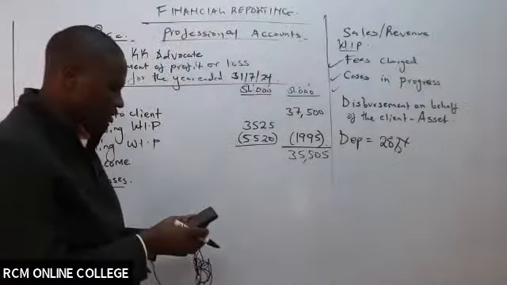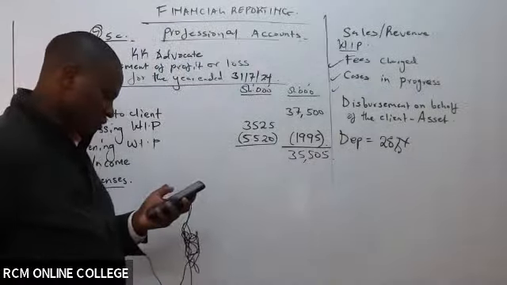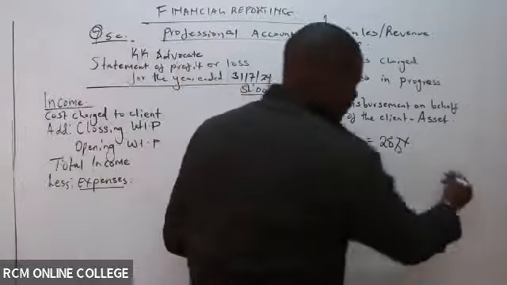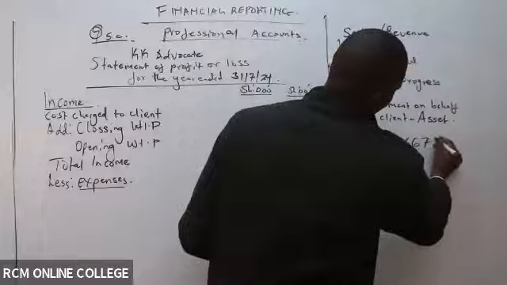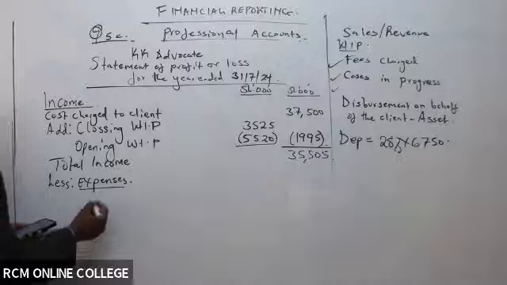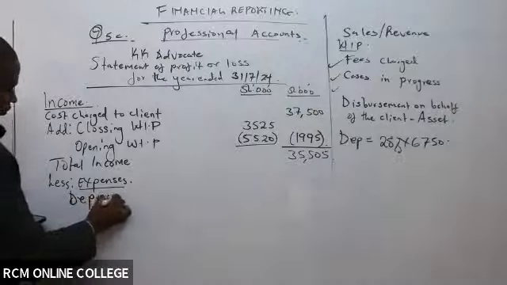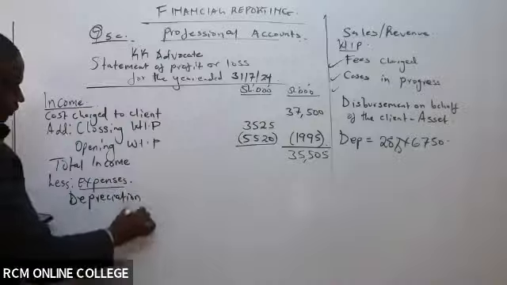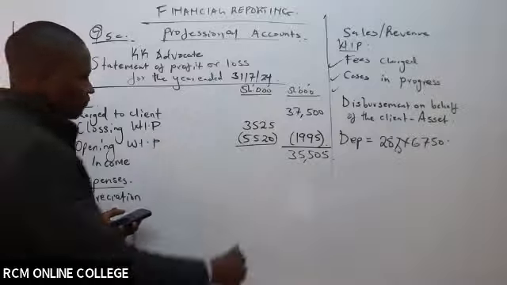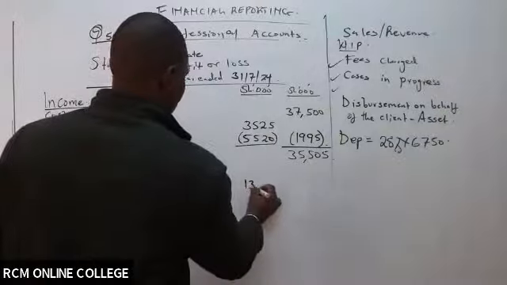What is the value of those library books? 6750. So we start there, because you may tend to forget. So what is the depreciation? 20% of 6750 is 1350. You can just put it here.